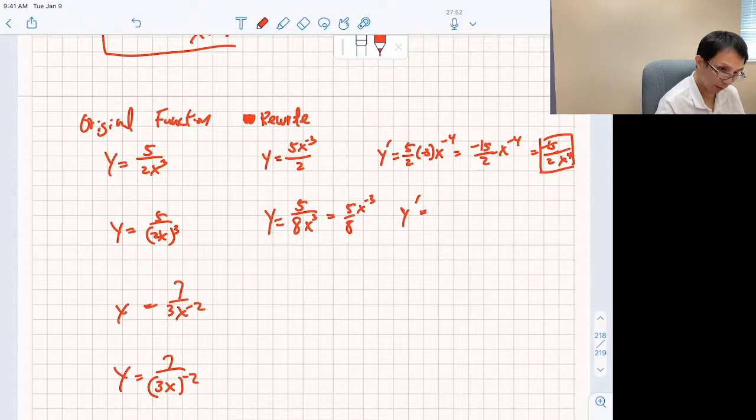Now let's take a derivative. Negative 3 times 5 over 8 times x to the negative 4. That's equal to negative 15 over 8 x to the negative 4, or negative 15 over 8x to the fourth.